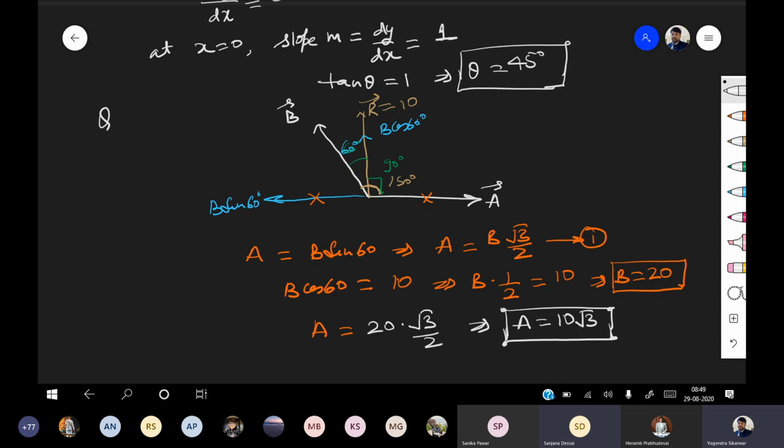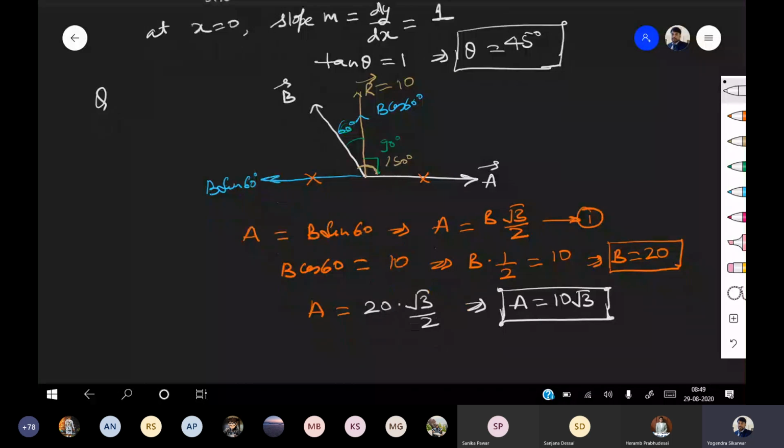Okay, sir. And in the question which is sent to me, 10 root 3 is the correct answer. Check it on the screen. 5 root 3 is wrong, 10 root 3 is correct. That's what it is mentioning. Yes, sir. Sorry, you marked it otherwise actually.